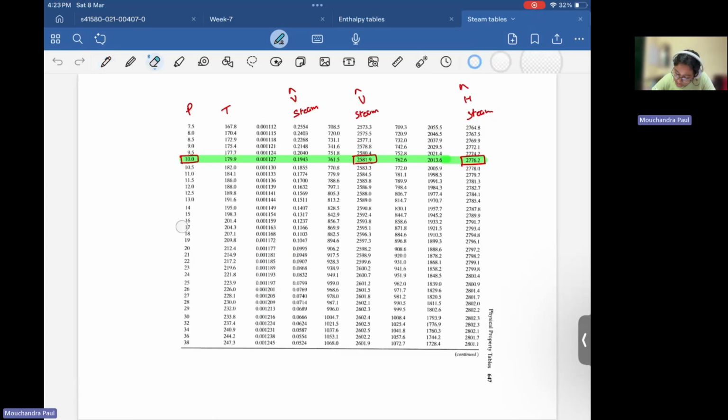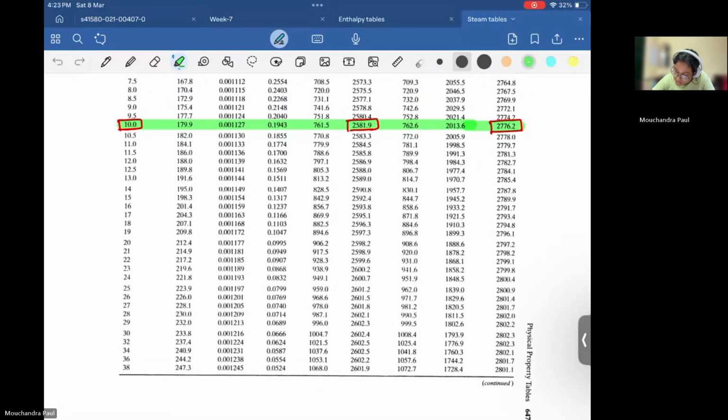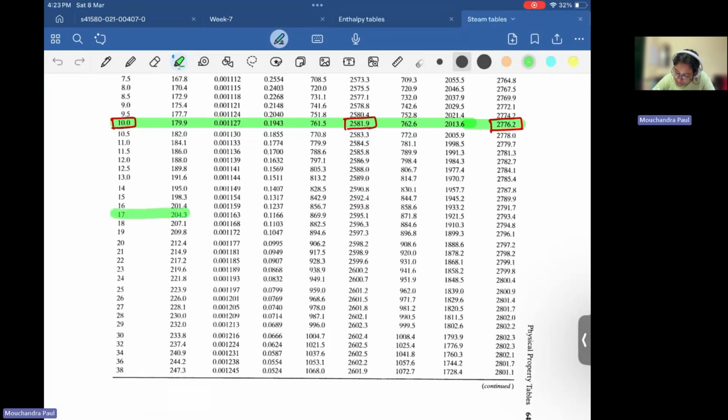Then you will see at 17 bar pressure, this is the property of the steam. The steam itself is at 204.3 degrees Celsius.